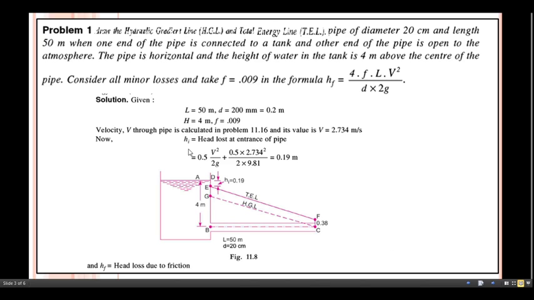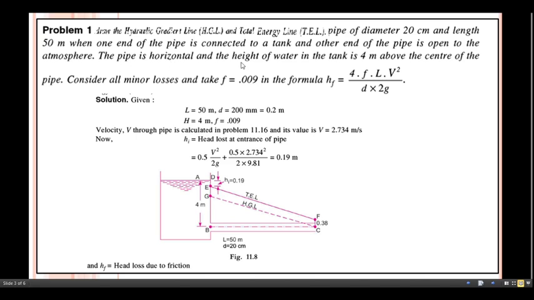So let us discuss one numerical on the same topic so that you can get it clearly. Draw the hydraulic gradient line, that is HGL, and total energy line TEL of this case: a pipe of diameter 20 centimeter and length 50 meter, when one end of the pipe is connected to a tank and other end of pipe is open to the atmosphere.